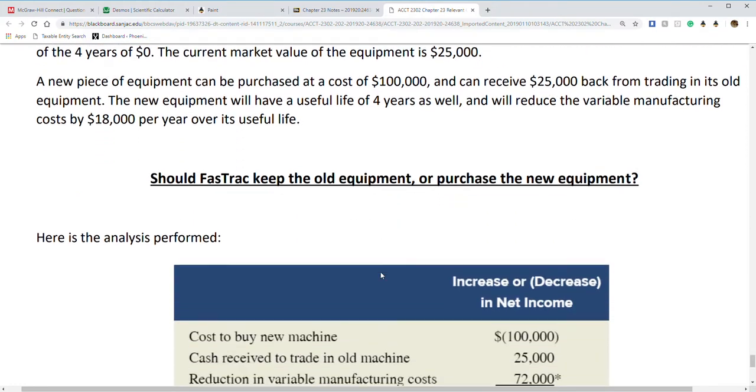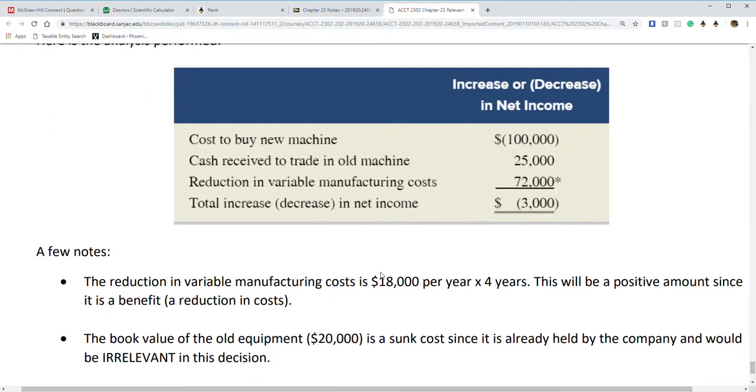Well, here's our analysis. If we increase or decrease, the cost to buy the new machine is $100,000. The cash received to trade in the old machine was $25,000, and because money's going out, $100,000 right there, we have to basically get into a positive.